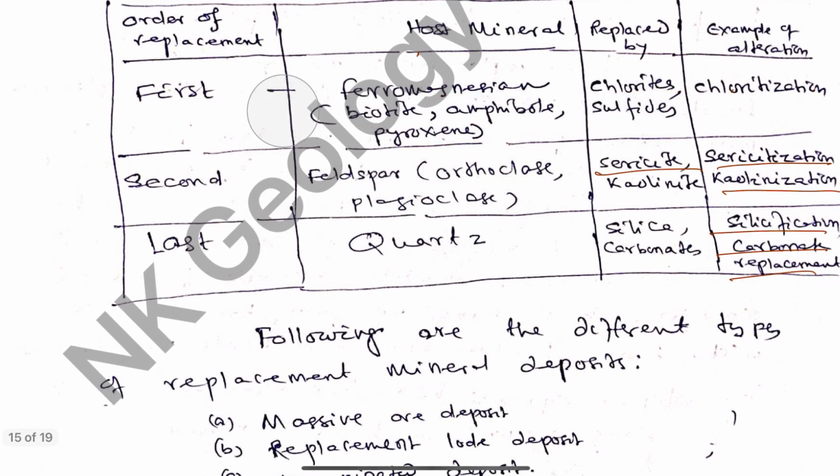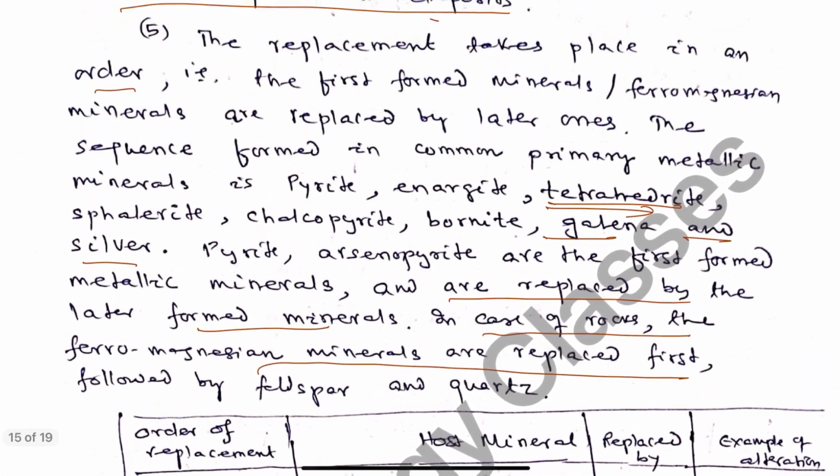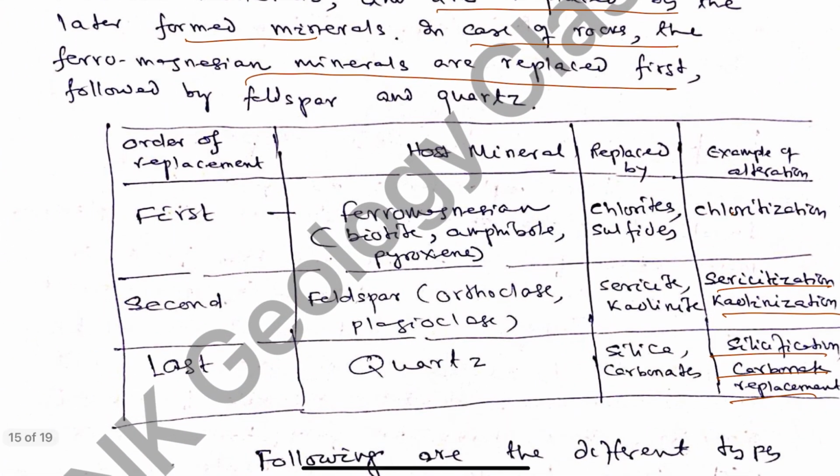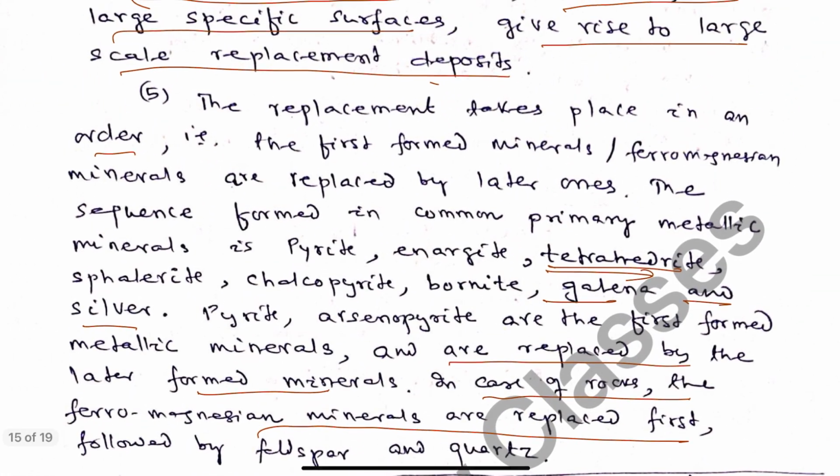Replacement takes place in an order. Ferromagnesian minerals are replaced first, followed by feldspars or silicates, finally by quartz, through processes like chloritization, sericitization, kaolinization, silicification.